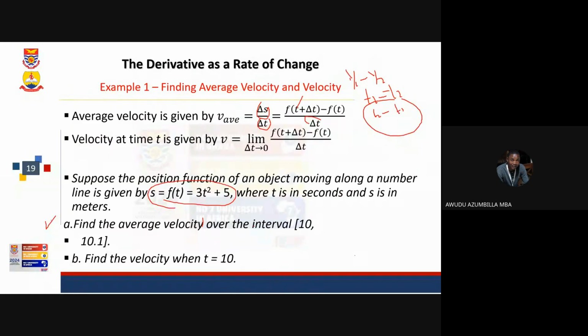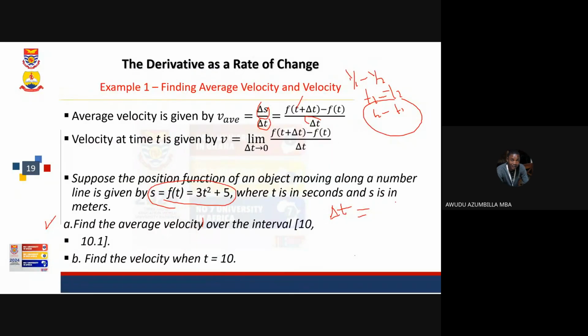The interval is between 10 and 10.1. So the 10 and 10.1 tell us that we want to look at the changes between this time period. So we'll look at change in time first, change in T. The change in T is going to be T2 minus T1, the current minus the previous.